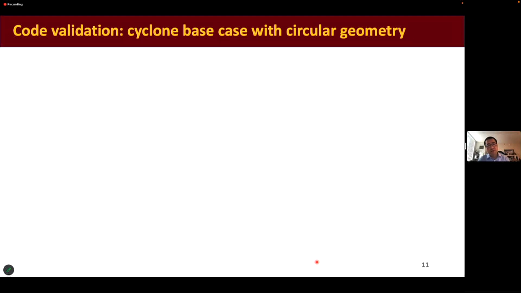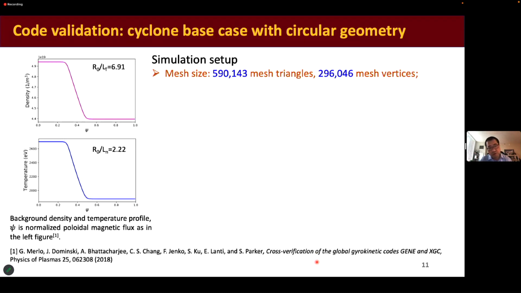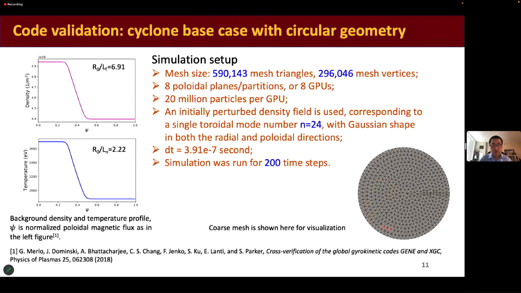In terms of code validation, we have a cyclone base case with circular geometry. I will not go into the details, but basically in each poloidal plane we have a mesh with almost 0.6 million mesh triangles, and you can see the cross mesh shown here.